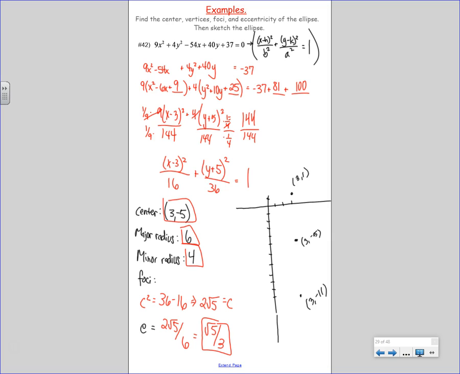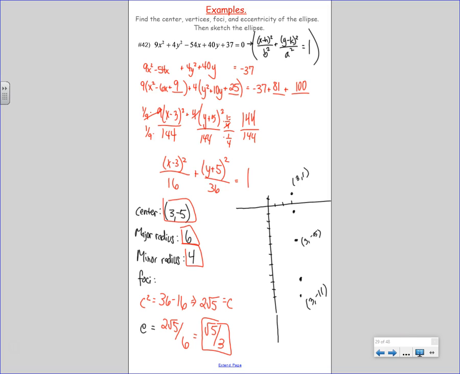The root 5 will be pretty small, less than 5, I think, could be around 5. But either way, we could go 1, 2, 3, 4-ish, somewhere between 4-ish and 5-ish, put a foci.